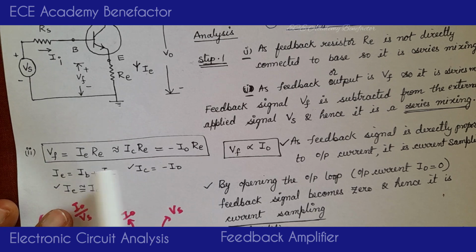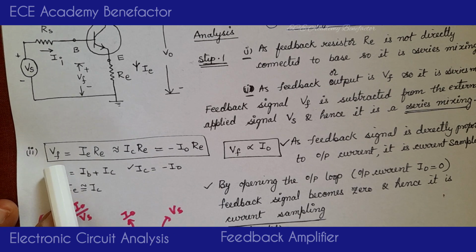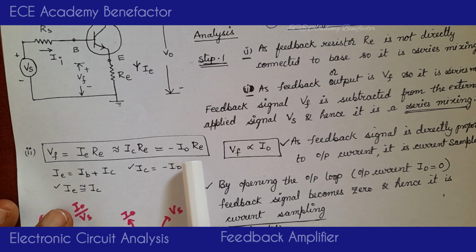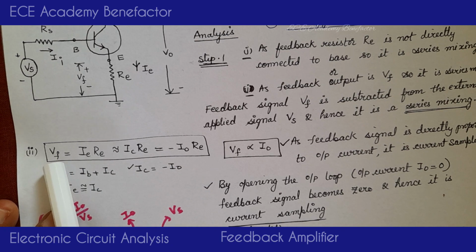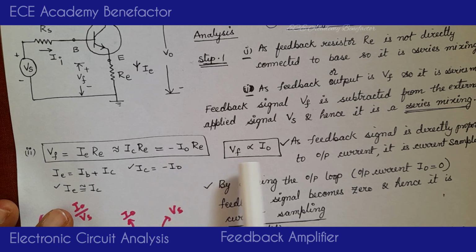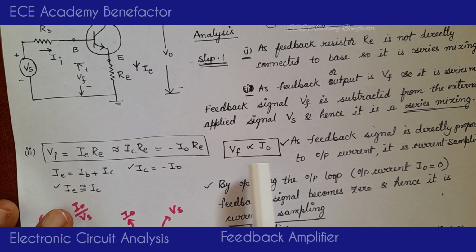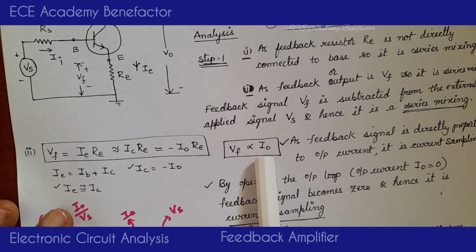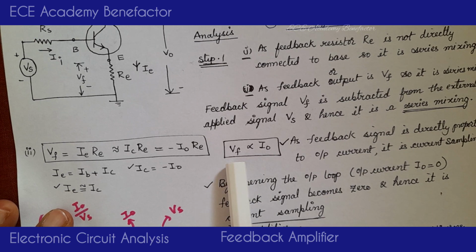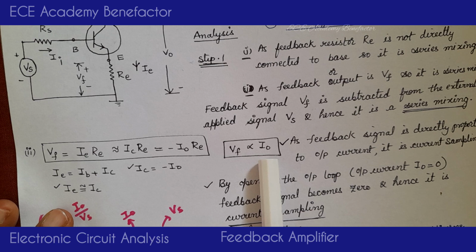So now what is the equation we are getting? VF is equal to minus I0 times RE, or we can say VF is directly proportional to I0. The feedback signal is proportional to output current. VF is the feedback voltage, I0 is the output current.